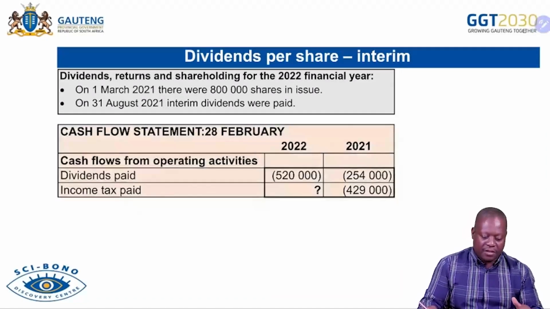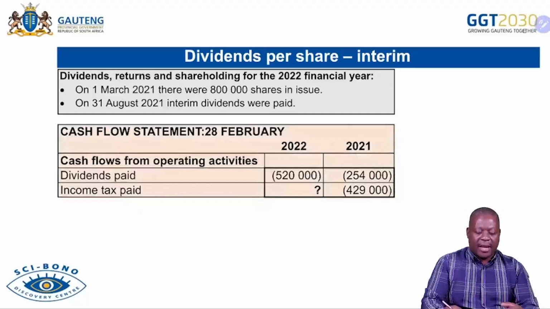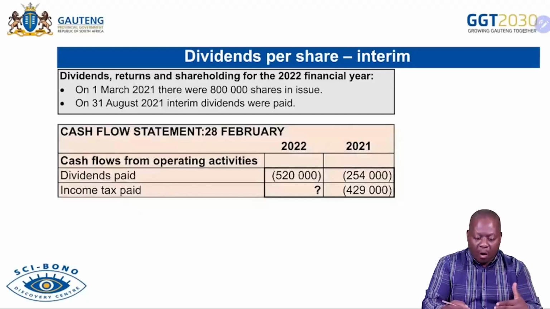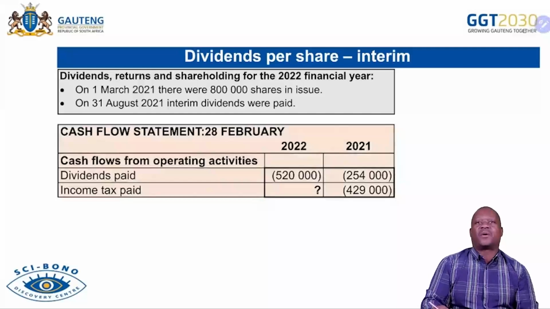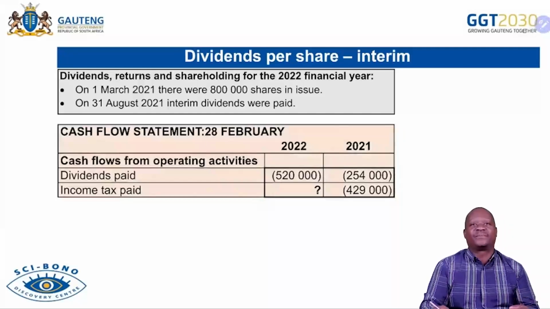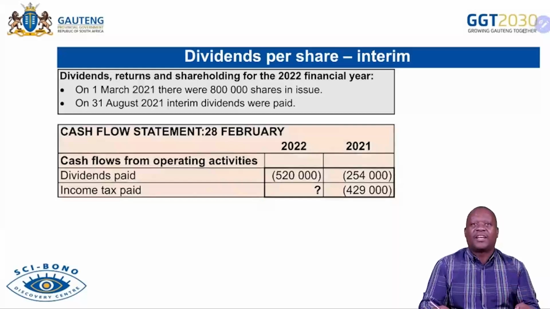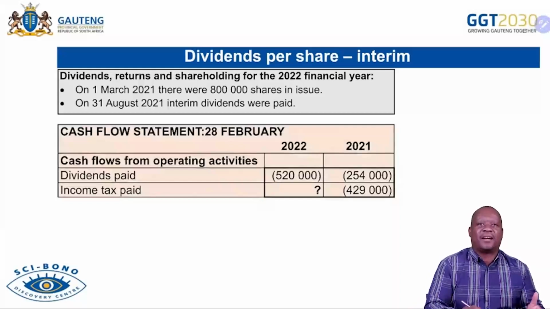Yes, I like this. Now, this was taken from the cash flow statement, and it's indicating from our operating activities that we have paid dividends of 520,000 in 2022. Boys and girls, do you still remember how we come up with this figure?